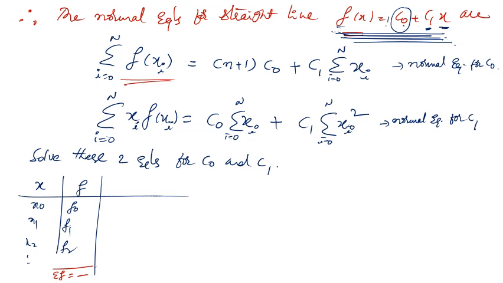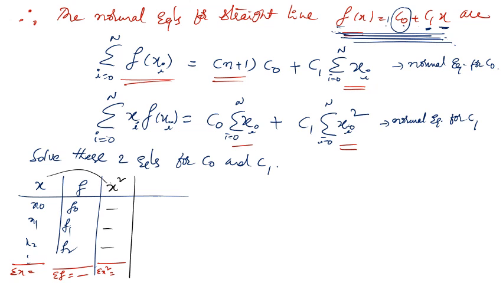Next is n plus 1, the length of the data, which is already known. Sigma xi is also required, so sigma x, nothing but sigma xi. Another one: xi square is required, so for x, write x square, and some values will be here, and get the sigma x square value. Another one, summation xi, is already there.